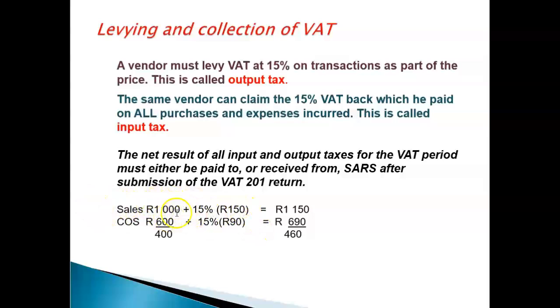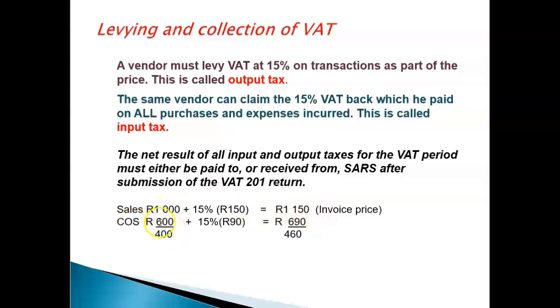But only 1,000 Rand of that selling price, the invoice price, remember this is the invoice price, only 1,000 Rand of the invoice price of 1,150 Rand belongs to you. The 150 Rand, which is the 15% VAT included in that amount, that you levied on my behalf, you have to pay over to me.